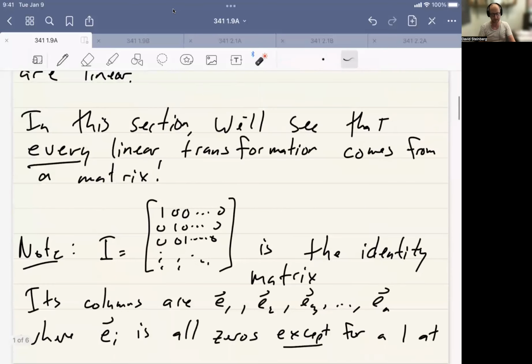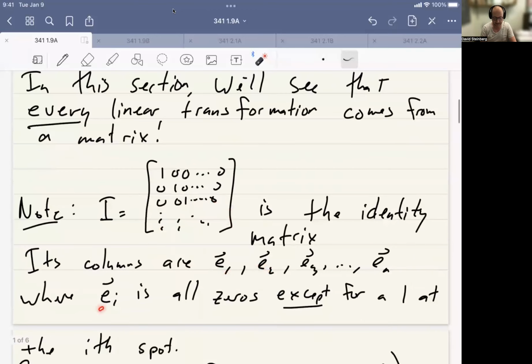Okay, and a quick note, this matrix I, which has ones in the 1-1 slot and the 2-2 slot, the 3-3 slot, all the way across this diagonal, is called the identity matrix. Its columns are: e1 has a 1 in the first slot and zeros elsewhere. e2 has a 1 in the second slot and zeros elsewhere.